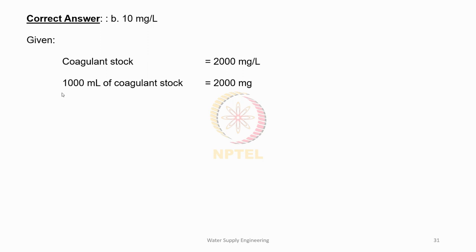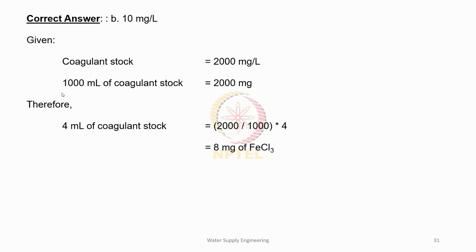So it's given that the coagulant stock concentration is 2000 milligram per liter. So that means 1000 ml of coagulant stock has 2000 milligram of that FeCl3, right? So here 4 ml of coagulant stock means 2000 by 1000 into 4, that is 8 milligram of FeCl3.